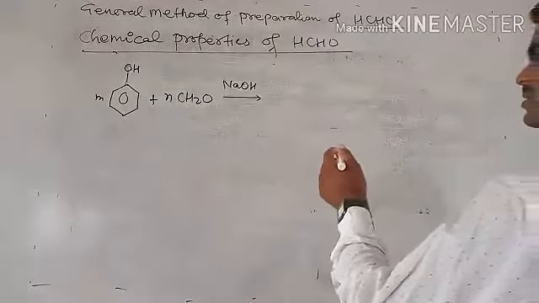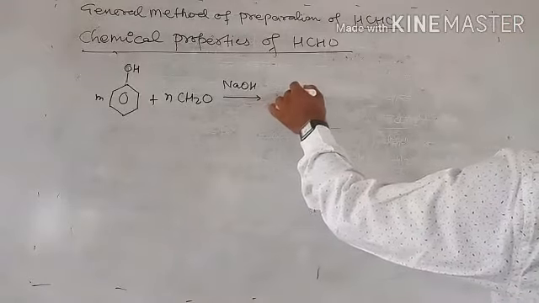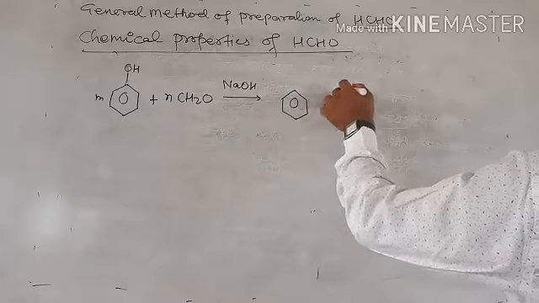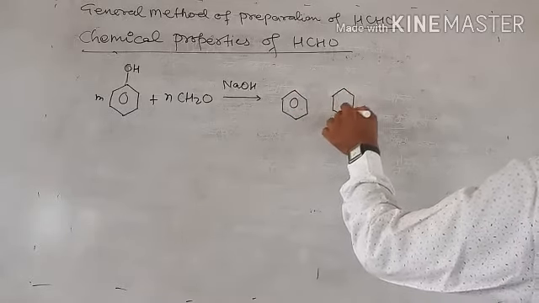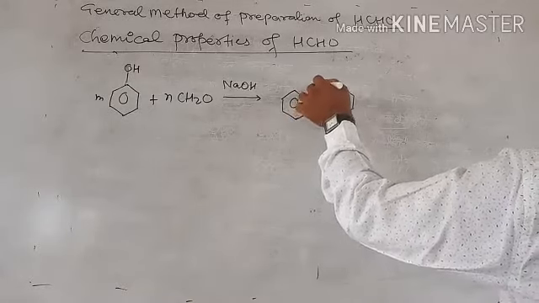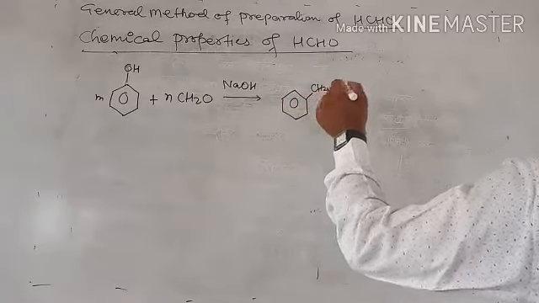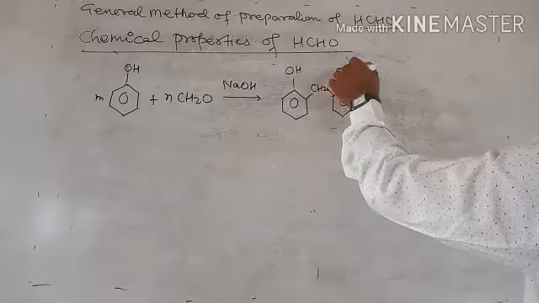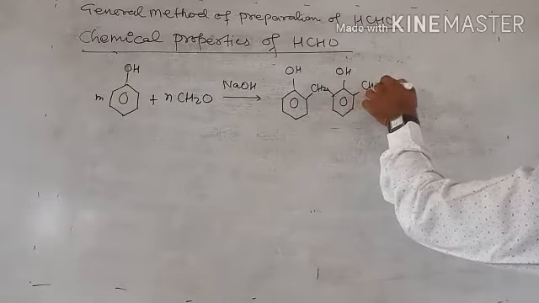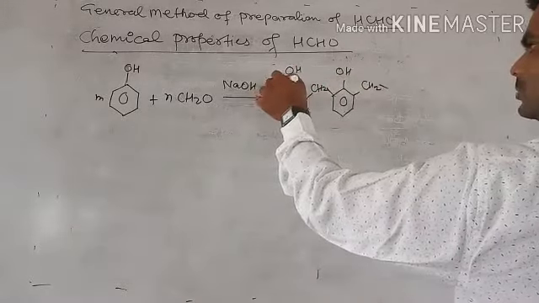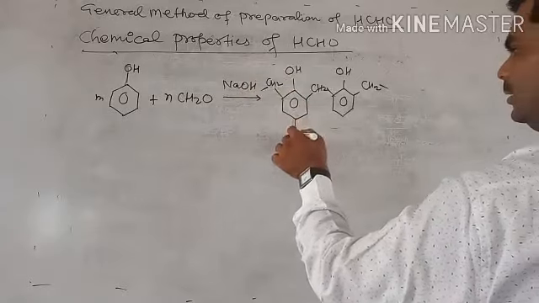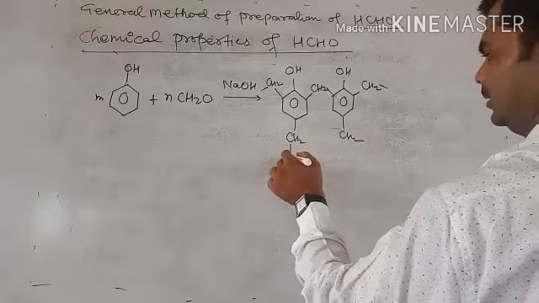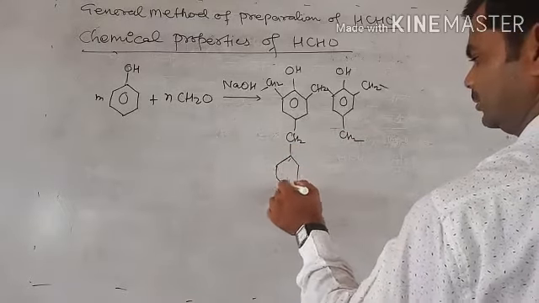Okay. What is the structure of bakelite? There are benzene rings, each attached with CH2. This one contains OH and this one contains OH, with CH2 and CH2. It is also attached with CH2 and with another benzene ring.